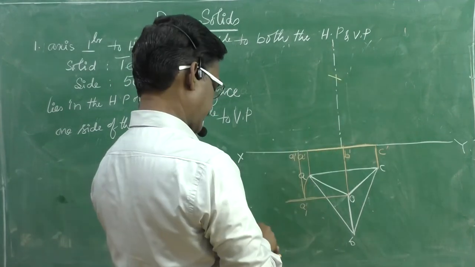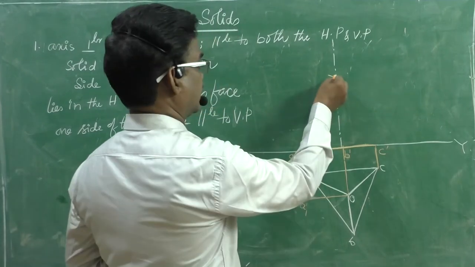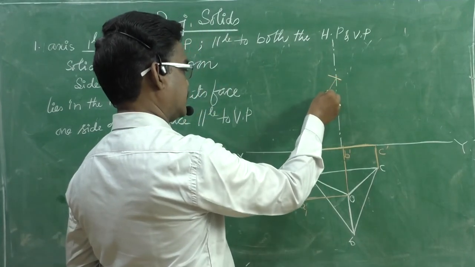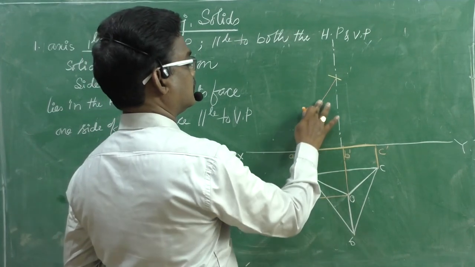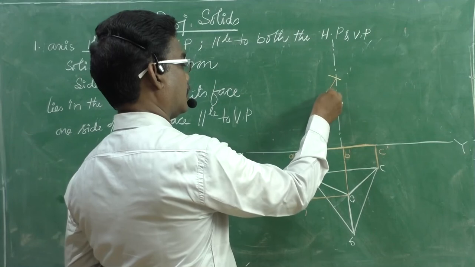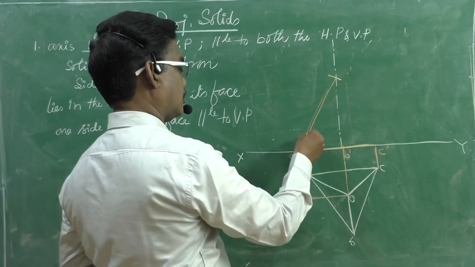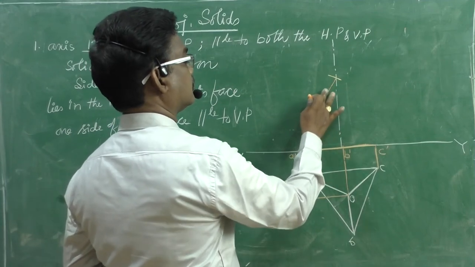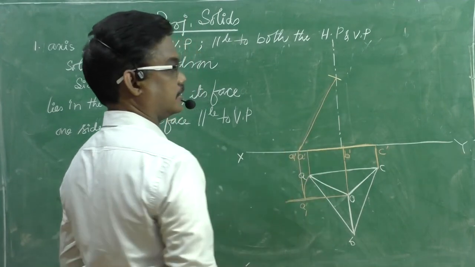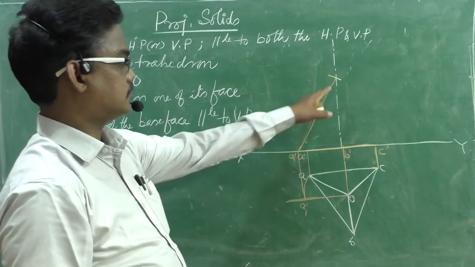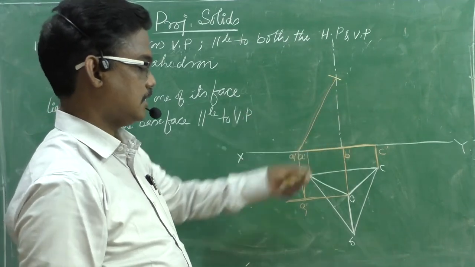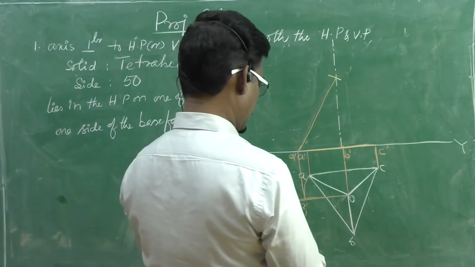Okay, this is also a construction line. That is the reason I use this, right? Now this is the axis height, and this is O dash.